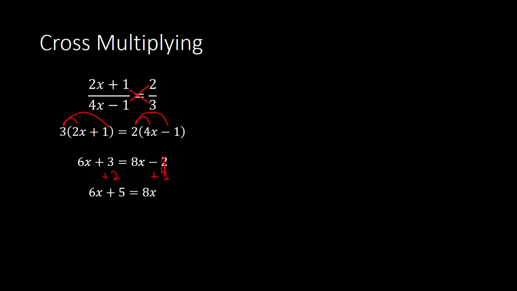And then I need the x terms to be on the same side. So I can bring the 6x over with the 8x, or I could go the other way and bring the 8x over to the 6x. Either is fine. But here I'm left with 5 equals 2x. So then to solve for x, I can divide both sides by 2. And now I have x equals 5 over 2.